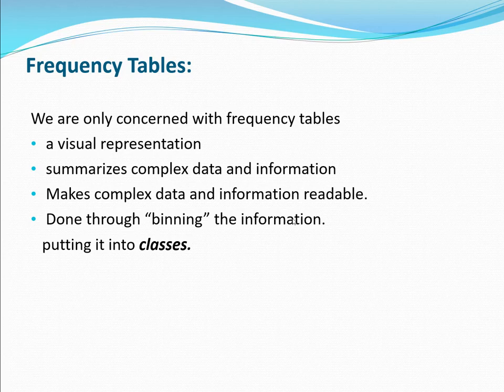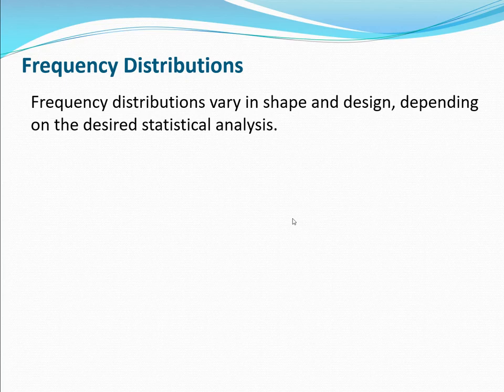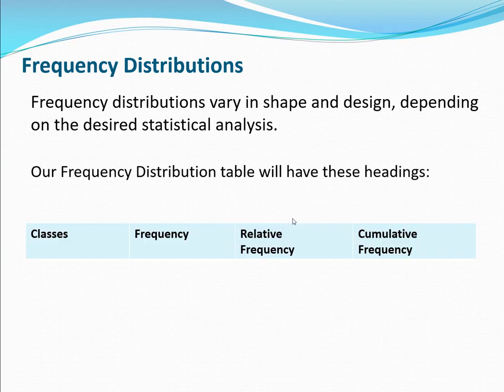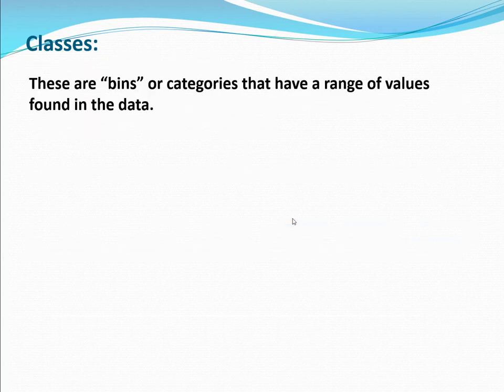And that's done through the binning of the information, putting the data into classes. Frequency distributions can have various shapes and sizes and designs depending upon what information you're interested in. We are only interested in a frequency distribution table, which will have classes, and then the frequency, and then the relative frequency, and then the cumulative frequency.